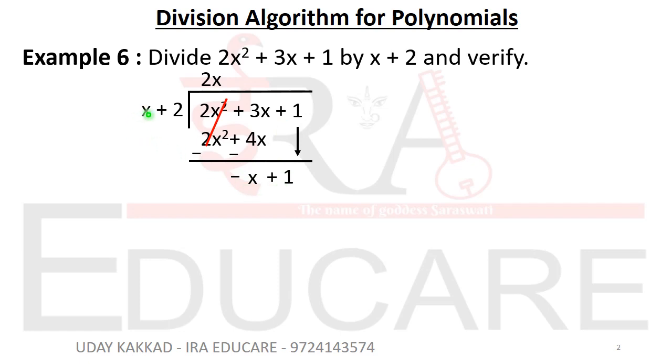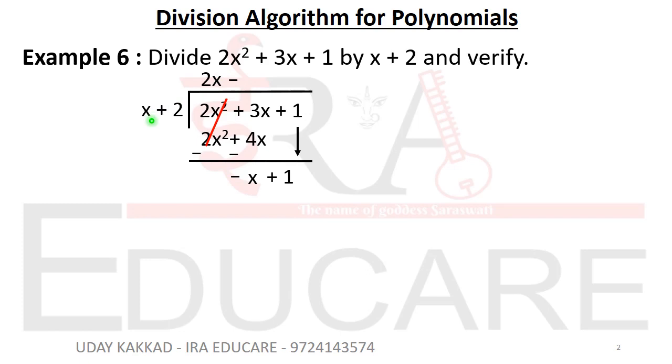So you get minus x plus 1, right? Now again divide it, but remember this sign is copied here directly, right? Here is minus, so without fail just put minus here. If here plus, then you can put plus here, right?